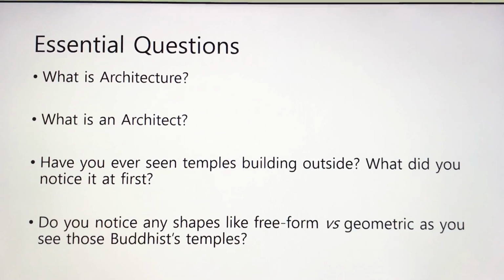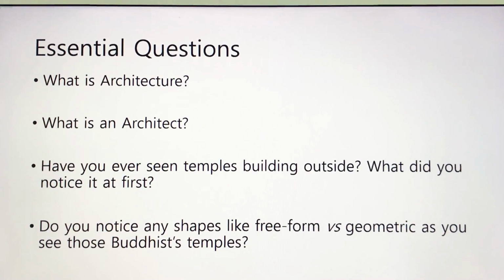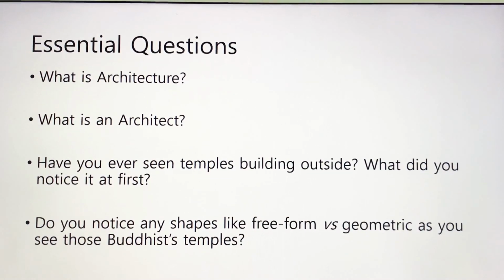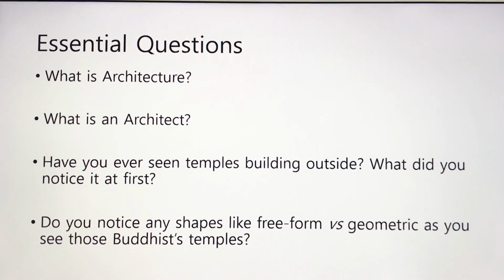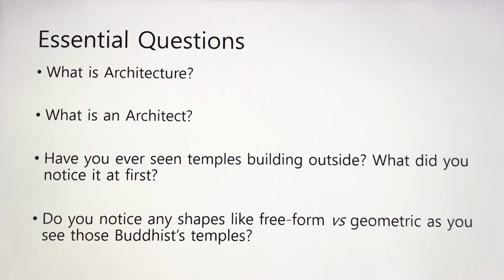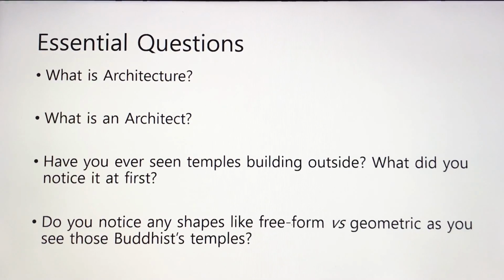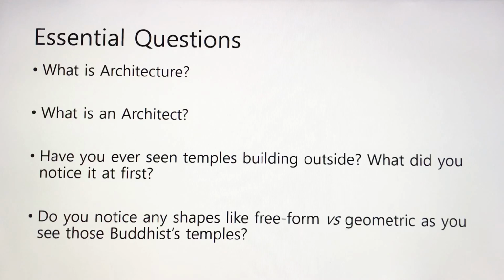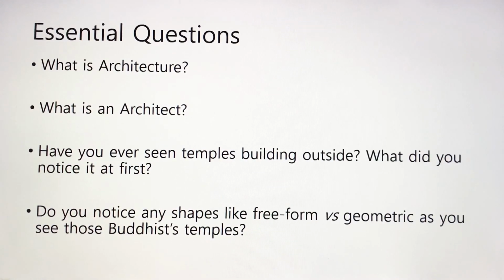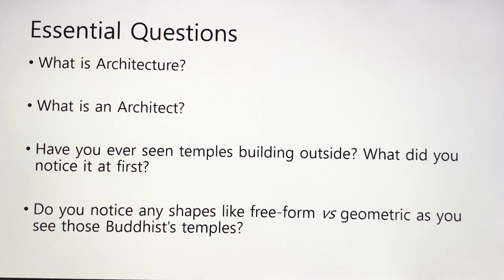Freeform, remember we studied it in terms of shape under the elements of art. Freeform refers to shapes like clouds, which is why I asked you to imagine the clouds in the sky. That is called freeform shape, with a lot of curves.